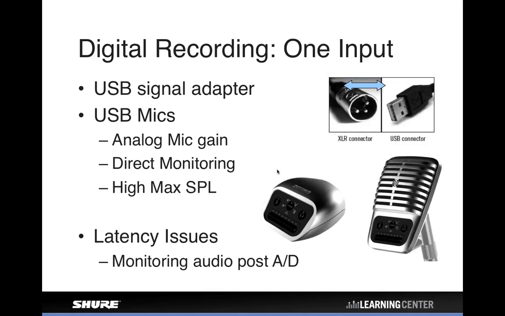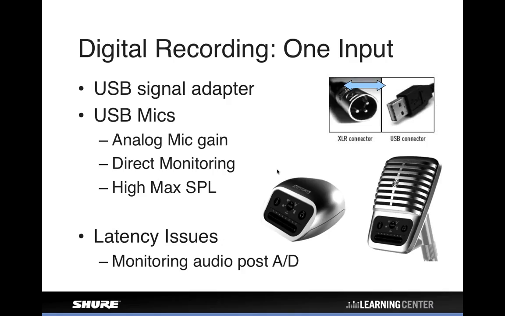You want to monitor the incoming signal before it hits the computer, because if you monitor after it goes into the computer, you're going to be hit with latency or delay issues where you're not quite in sync. It's going to sound like you're in a weird tin can, because everything is delayed by 50 or 100 or 200 milliseconds. It's going to be really annoying. So all of our products have headphone jacks for a reason, so that you can monitor the source before it goes into your computer and you don't have any of these latency issues.